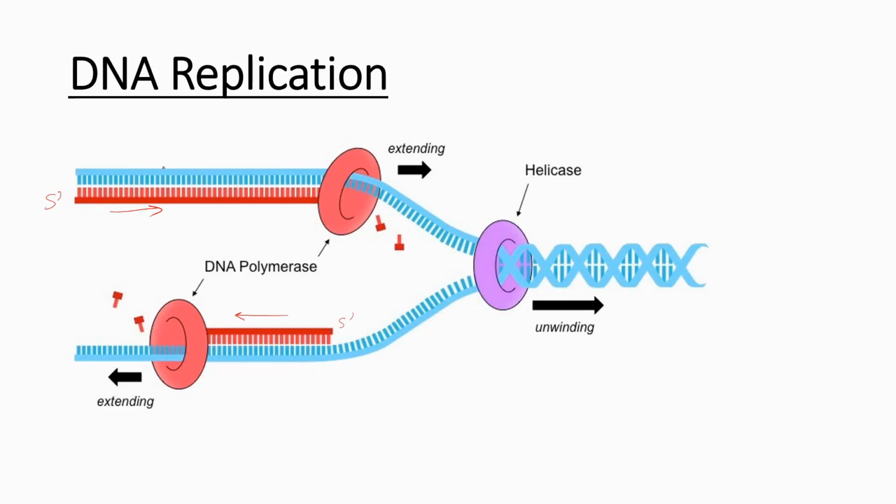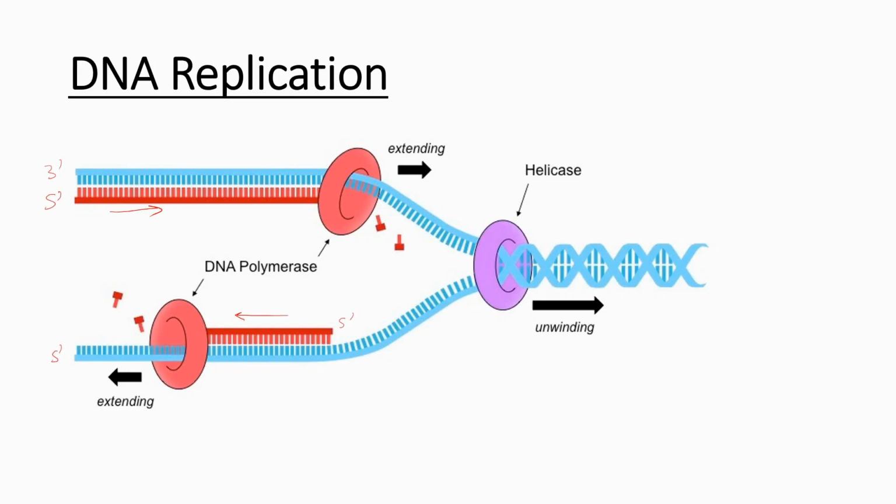It therefore follows that the template strand in blue at the top here is 3' on this end because of the antiparallel arrangement. And then this bottom strand here in blue, this template strand, is going to be 5' at the end here because it's an antiparallel arrangement.